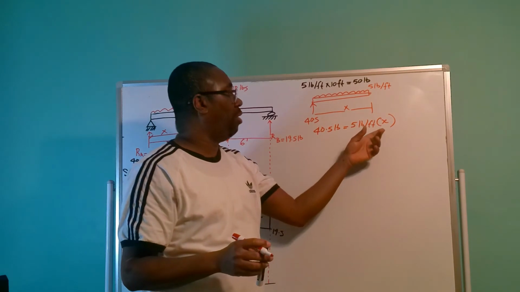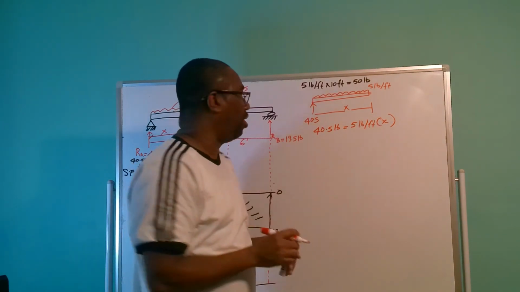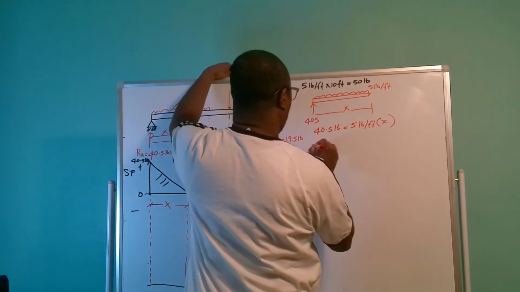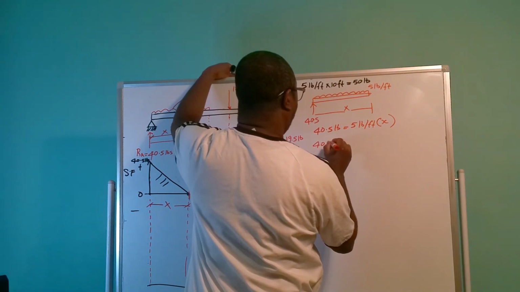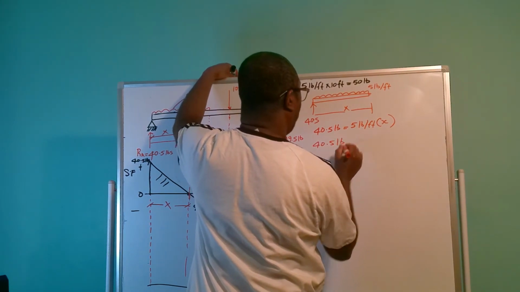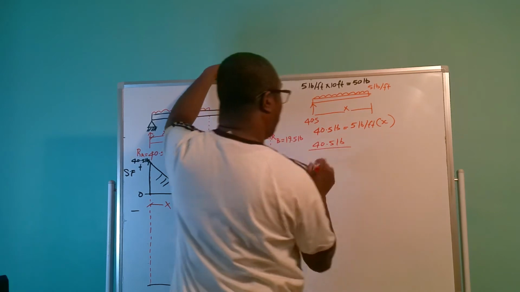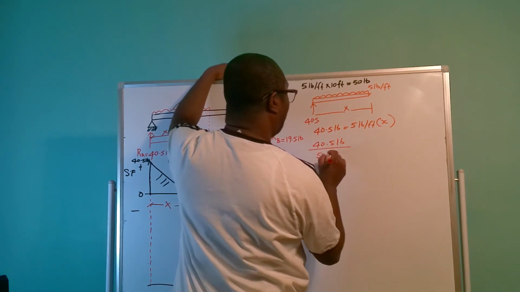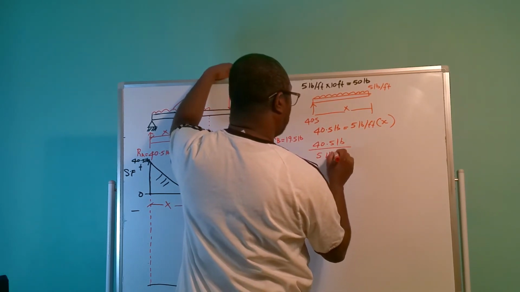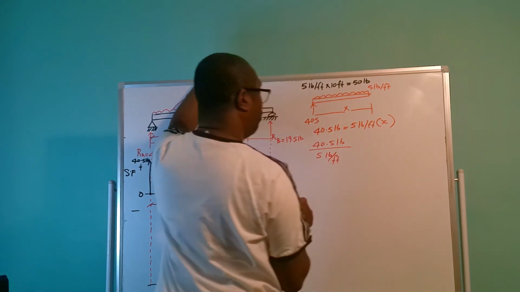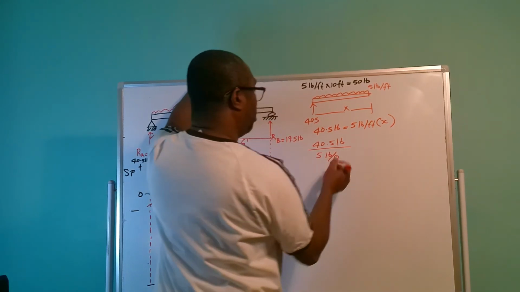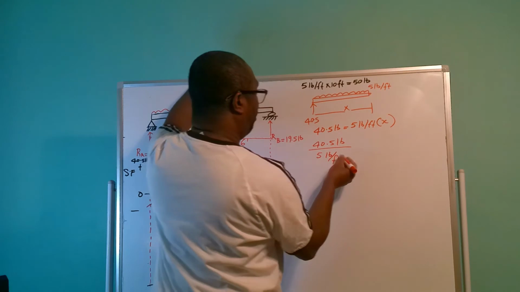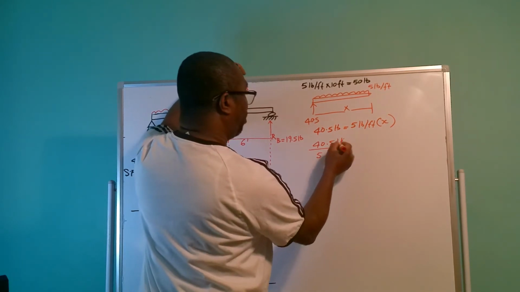And we just merely solve for x. So x is going to be 40.5 pounds divided by 5 pounds per feet. And remember now, feet, pounds is going to cancel this pound here.